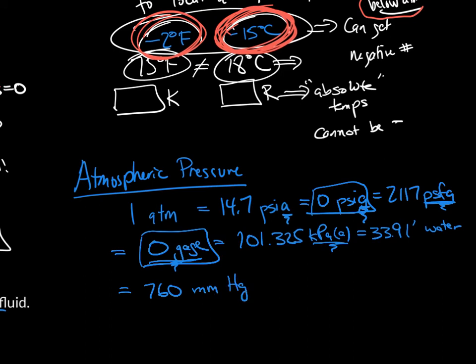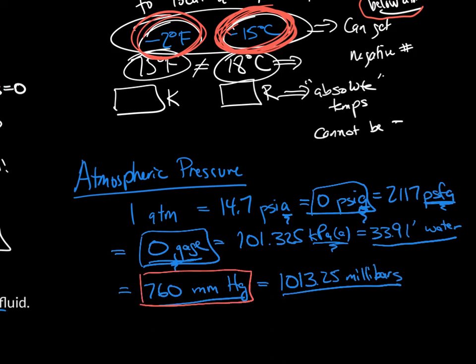That's weird, right? Or we could say 1013.25 millibars, and that's a weird one. We'll never use millibars in this course, so don't worry about this one. But we will use things like feet of water and millimeters of mercury, but don't get bent out of shape about that yet, because we're going to work on that. We'll talk about what those mean, maybe a little bit today and more in next class.